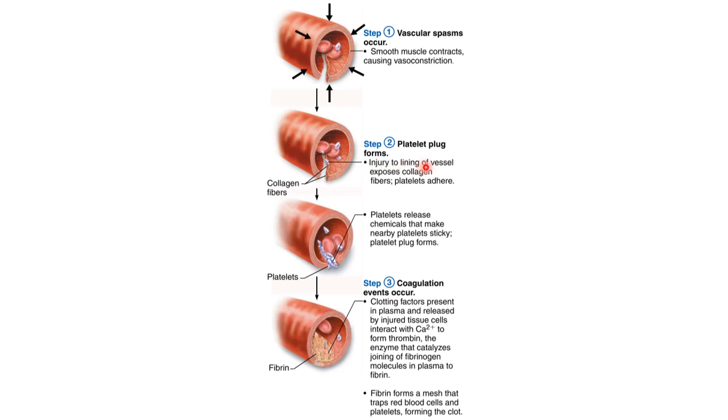Injury to the lining of the vessel exposes collagen, and the platelets stick to collagen. The platelets then will stick to one another and at the same time release chemicals that will activate other platelets. So kumbaga, mag-uusap-usap na naman sila. May isang platelet na naka-encounter ng rough patch here. Magdidikit siya dyan at magre-release siya ng substances like adenosine and thromboxane.